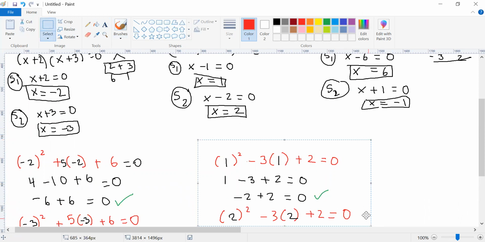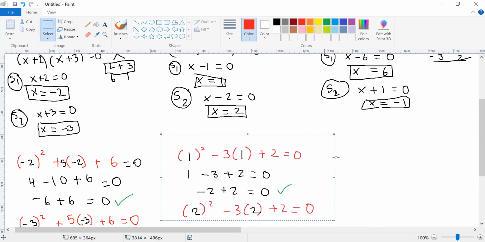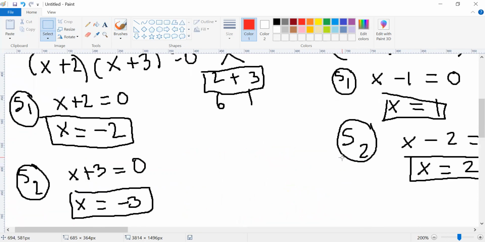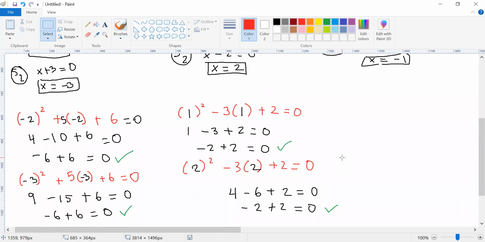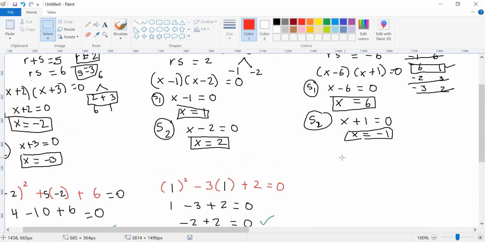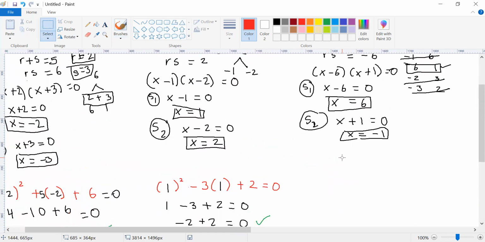It's taking up my space. There we go. So let's write our equation first. That's x squared minus 5x minus 6 is equal to 0.